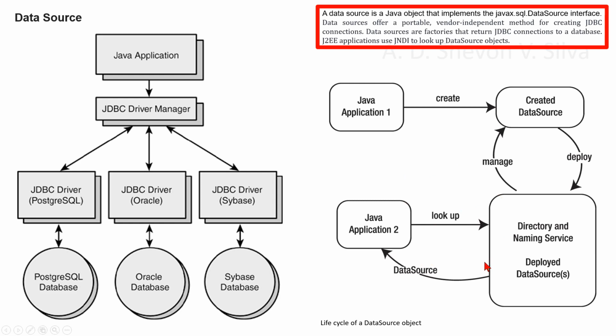This figure shows the life cycle of a DataSource object. In this figure, note that the directory and naming service in JNDI can bind, register, and hold a number of DataSource objects.